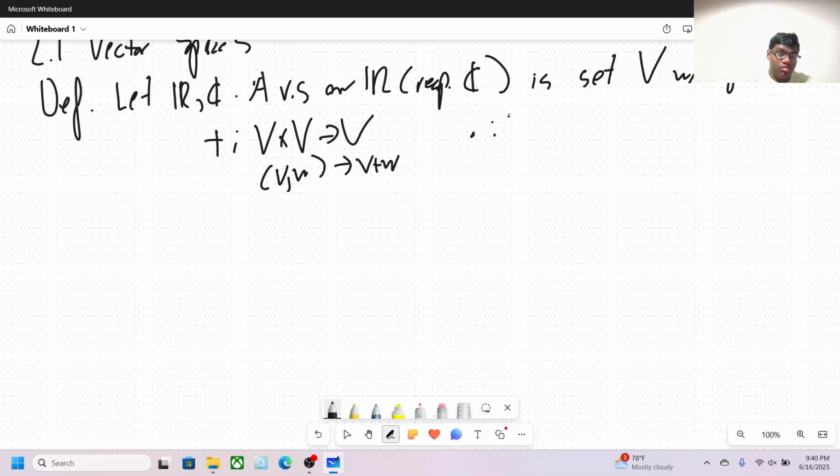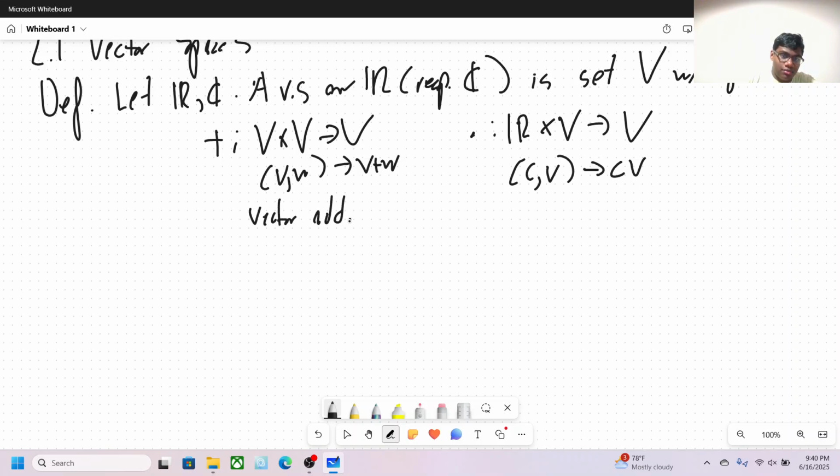It is a multiplication not from V cross V, but from R cross V to V, or equivalently, in the case of the field being C, from C cross V to V, and this sends a pair (c, V) to cV, so we just denote multiplication like that. This is called vector addition, and this is called scalar multiplication. Equivalently, we say V is the space of vectors, R or C is the space of scalars, and these satisfy the following axioms.